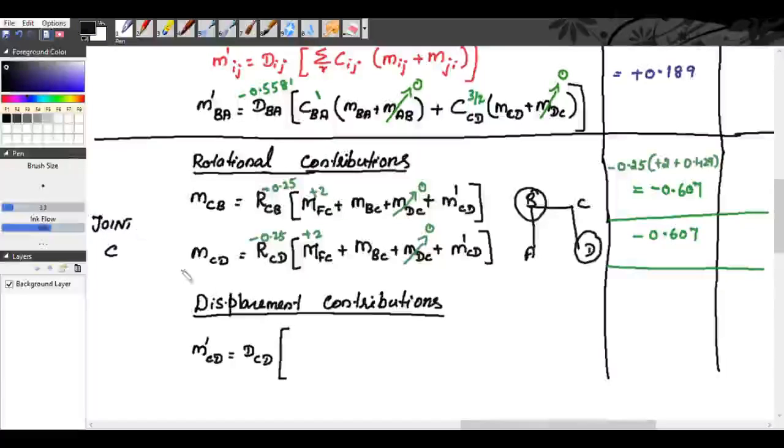So, the displacement contribution has the same formula as for joint B. So, DCD into CBA into MBA plus MAB plus CCD into MCD plus MDC.